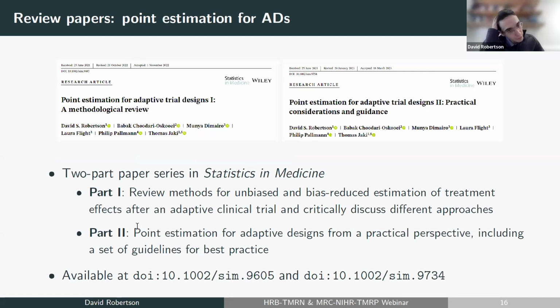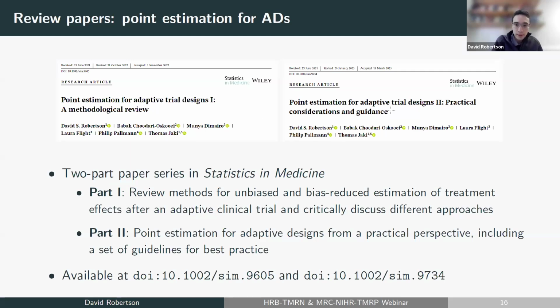So I think if you're interested in digging more into the different types of methods which have been proposed in the literature, then with some co-authors, we wrote a 2-part review series in Statistics in Medicine. This came out a few years ago now, but the first part reviews different methods, and there's a systematic review of the literature.